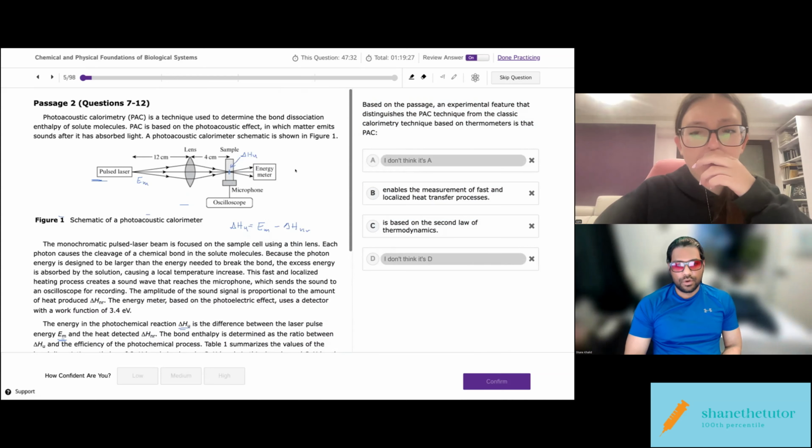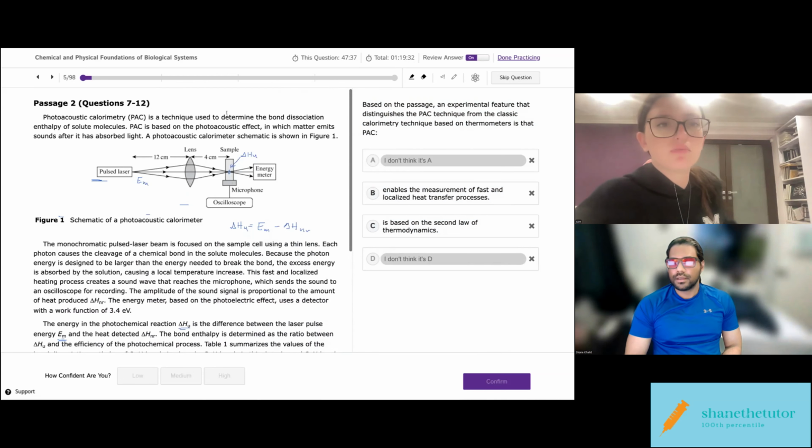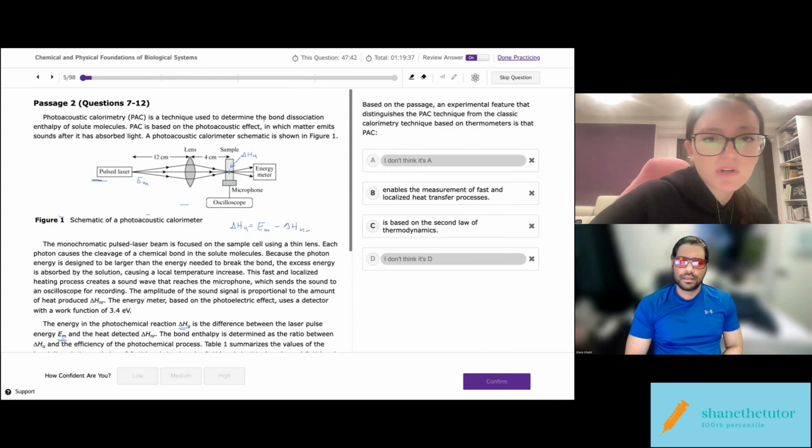Both types of PAC, the bomb calorimeter and this one. Well, this one isn't local. Weren't you just saying that it's not such a simple heat transfer system, because it's going through the solute and producing bonds which are broken, and that's the enthalpy? So I feel like this would be true for the other one, not necessarily the PAC.